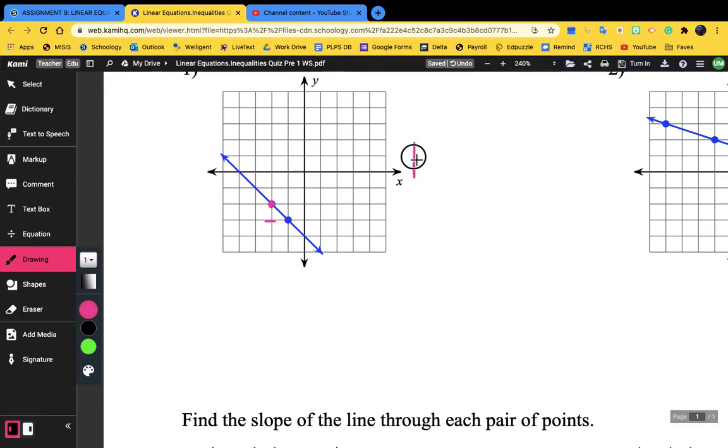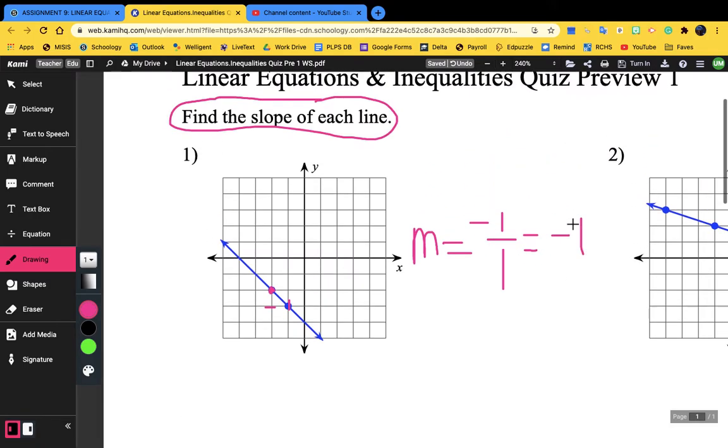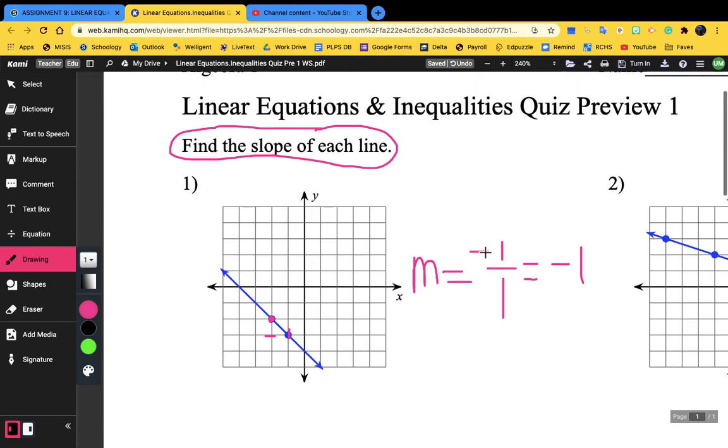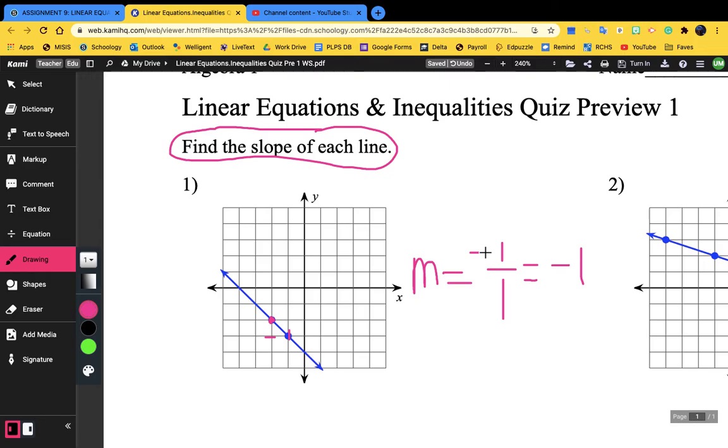So my slope is going to be -1 over, let's see, down 1 and over 1. -1 over 1, right? And -1 divided by 1 is -1. Look at that. So my slope is equal to -1 on my number 1.